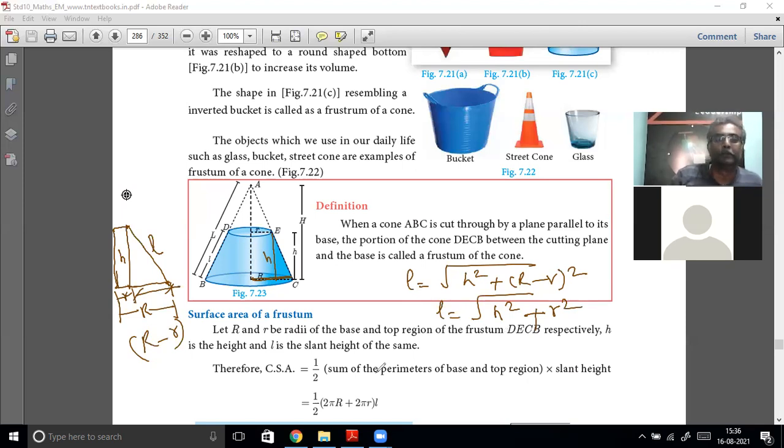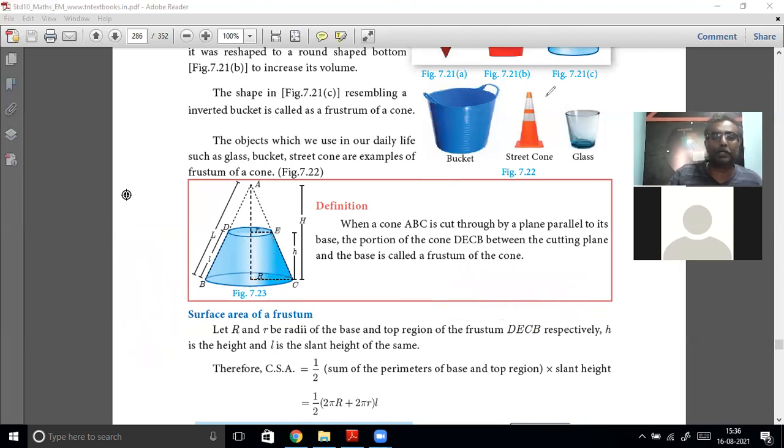Now, how do you calculate the curved surface area of a frustum? It's one more easy thing. You take this small circle: its circumference is 2 pi r.